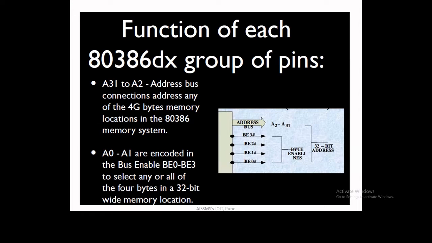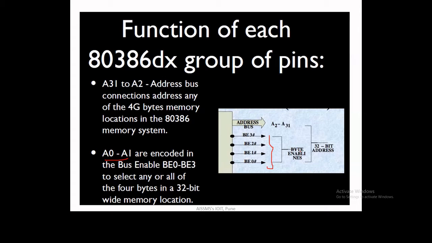So the first group is the address bus connection. As I said, A2 to A31 pins are used for the address bus connection, which can address any of the 4 gigabytes of memory locations. Then A0 and A1 pins are encoded into the bank enables BE0 to BE3 to select any or all of the 4 banks.